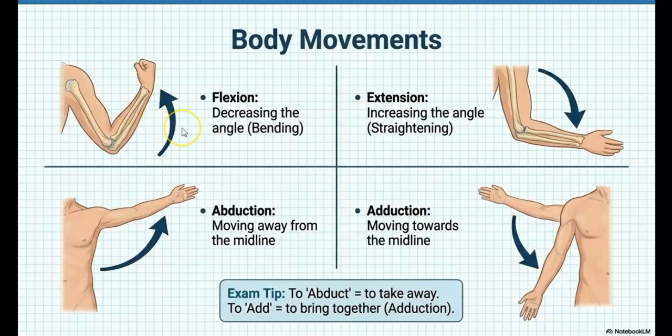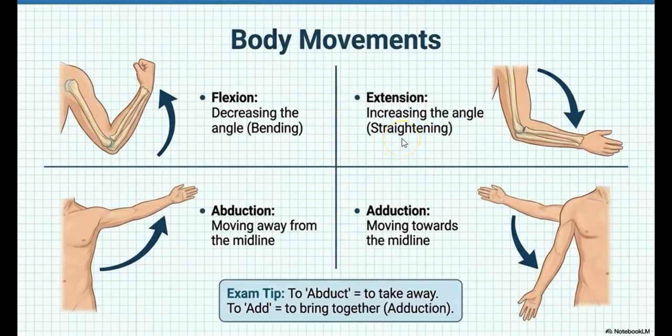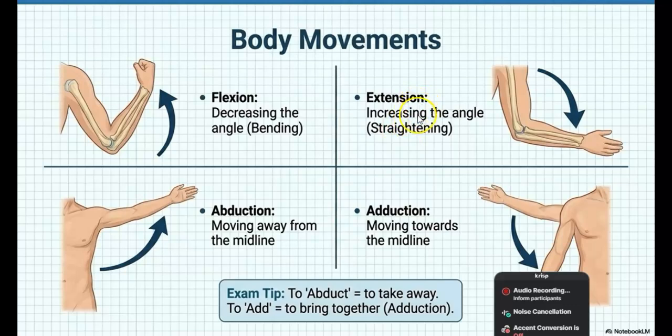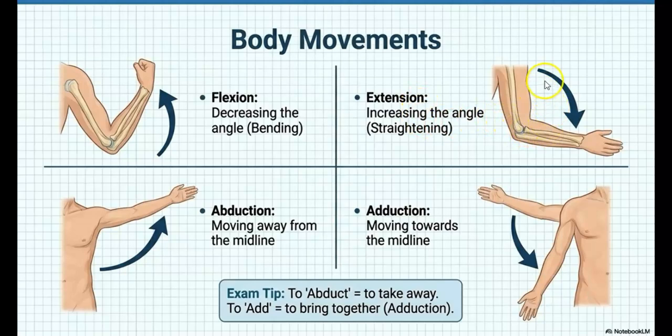This arrow mark will show the angles. For example, when you bend your elbow, that is flexion. Now look at the next picture. Extension means straightening the joint or increasing the angle. Here in the picture you can see when you straighten your elbow, that is extension.